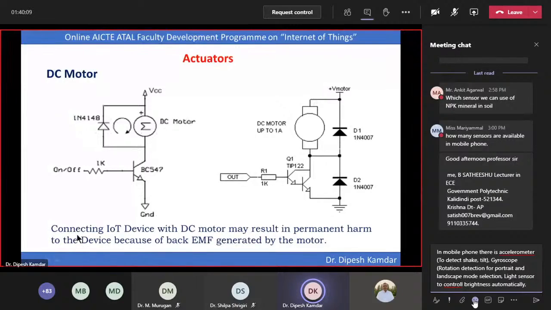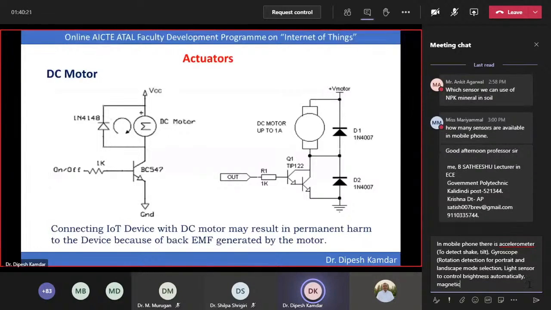When connecting a DC motor to IoT devices, it may permanently damage the input/output pin of your IoT device due to the back EMF generated and then passing back. So it is better to connect the DC motor with a driver circuit, or we can go for an optocoupler isolator, so that it saves our IoT device.